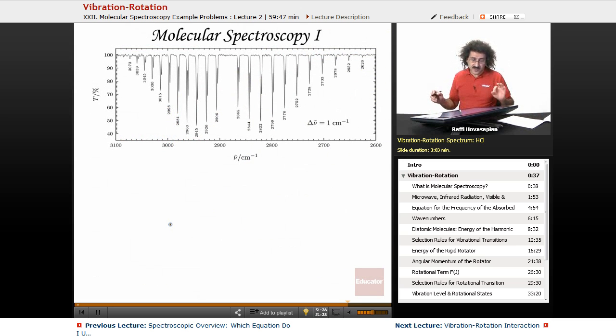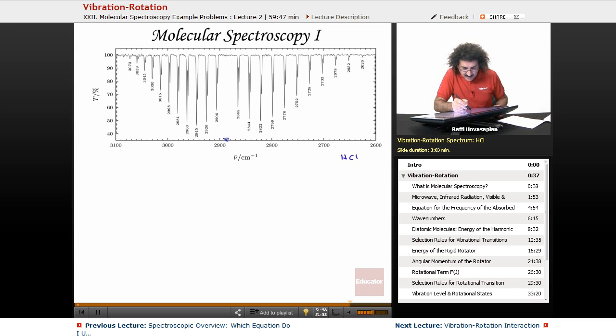Okay, so this is a vibration-rotation spectrum for HCl. Sometimes you're going to see them this way, with the peaks pointing down. Other times you're going to see them where the peaks are pointing up. See these lines? See this little gap here?